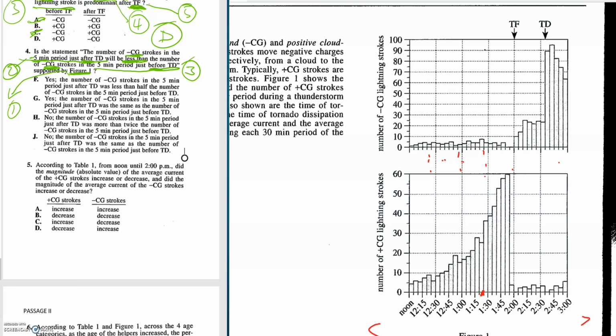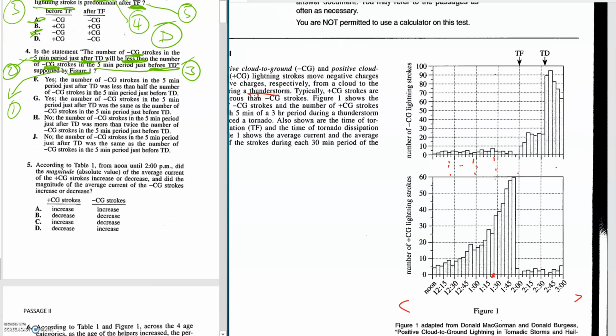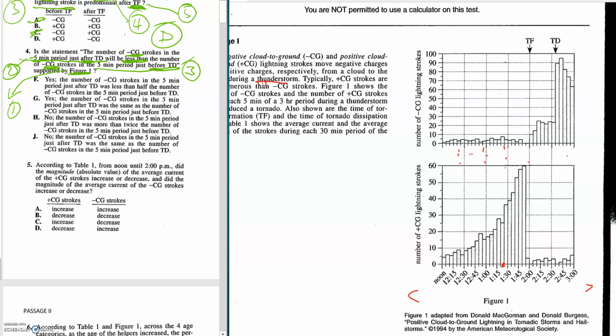Okay, so we find figure 1. Come over to this side, and we see that figure 1's here. We've done step 1. Step 2 was we have to find a negative CG, so we know that we're up here because this is negative CG, in the 5 minutes just after TD. So this is TD here, and the 5-minute periods are just these little things here.